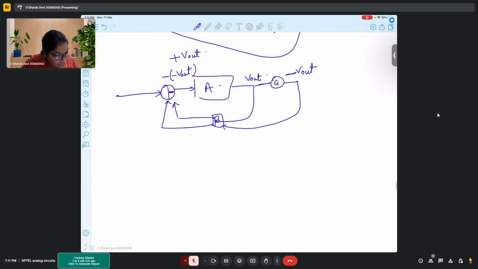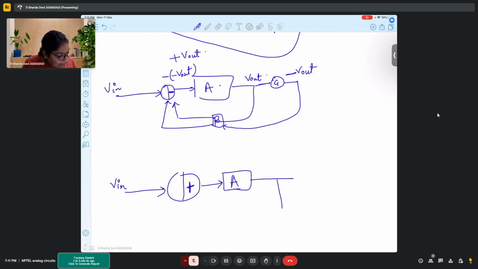Now, in place of this, say I had this kind of mixer where it was V in, and this is positive feedback. For positive feedback, I'm representing it with a plus, right? And this is A, and here it was a beta, okay?